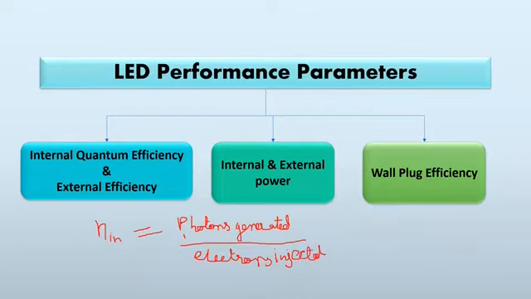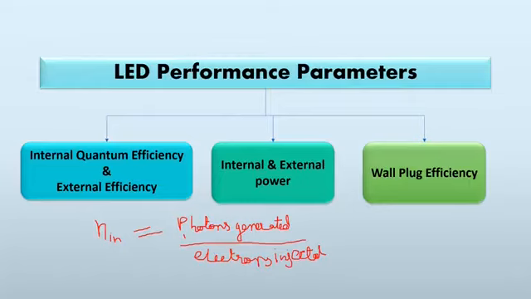Now, what is the number of photons generated? The electrons injected is nothing but symbolizing the forward current that you are putting into the device. And because of that forward current, your carriers get excited to the conduction band. And once they are falling from the conduction band, the photons are generated.